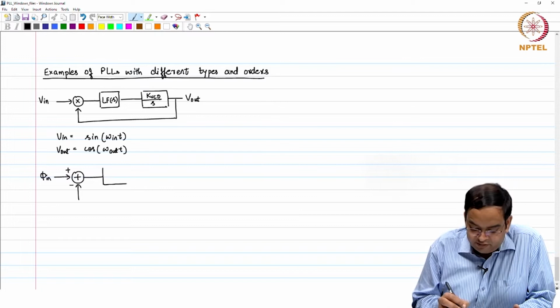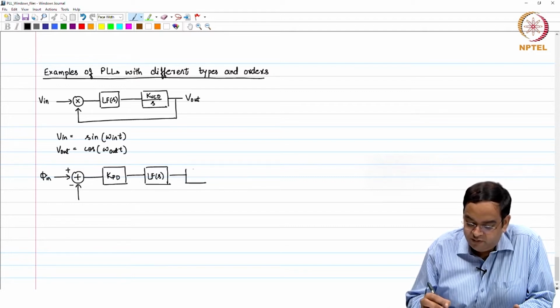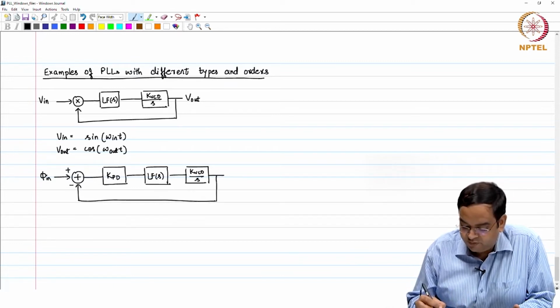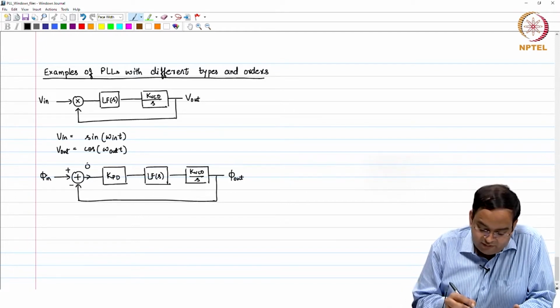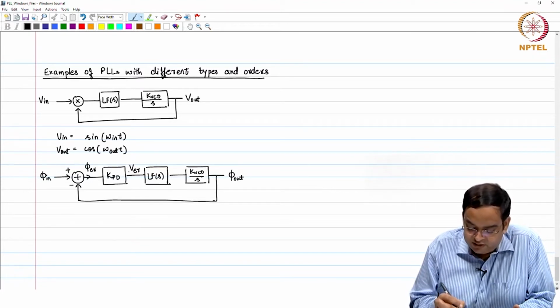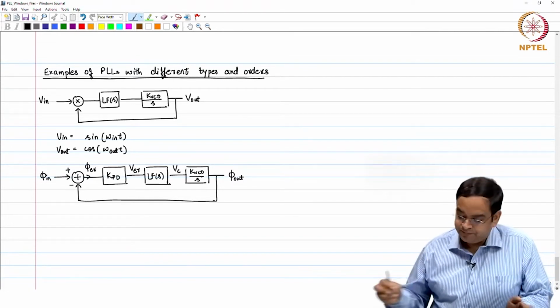The gain of the phase error detector is k PD, followed by loop filter LF of S, which is followed by VCO with gain k VCO over S. This is the small signal model of the PLL. This is phi out. Here you are going to get phi error. Output of the phase error detector is voltage. We call this V error. Output of the loop filter is control voltage, that is VC.